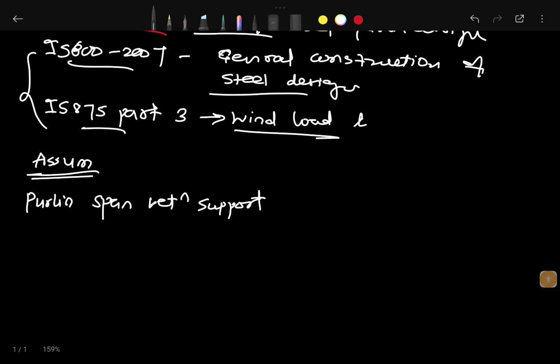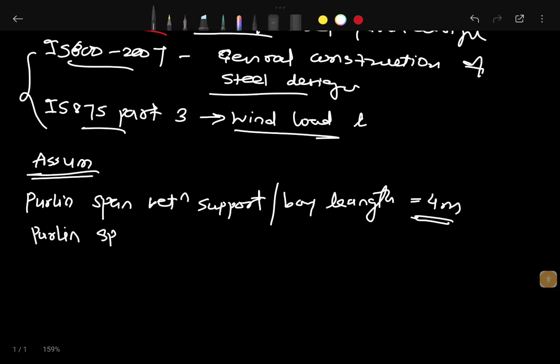This purlin span or bay length we consider equal to 4 meter. Second point, the purlin spacing. We assume 1.2 meter center to center purlin spacing is provided.